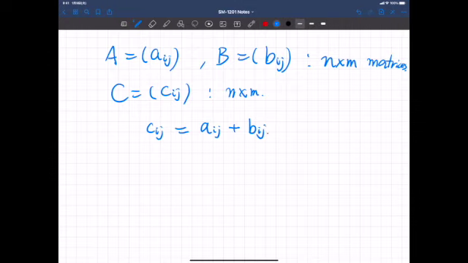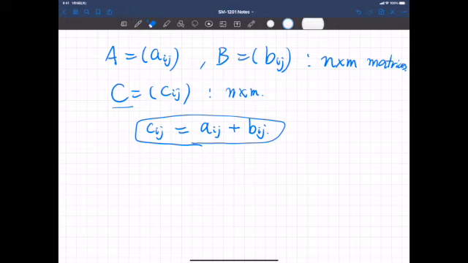Okay, so this defines all the elements of matrix C. So this we call matrix addition.